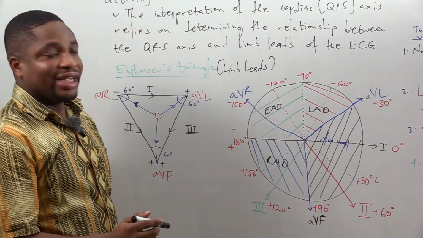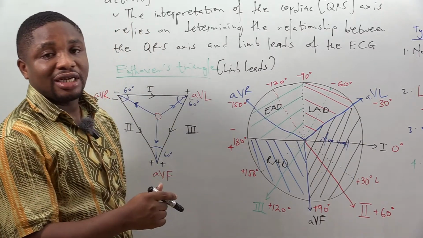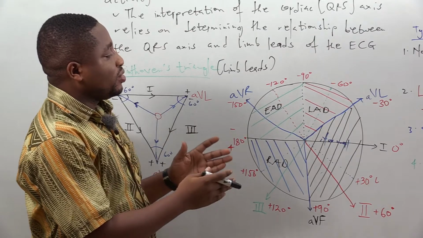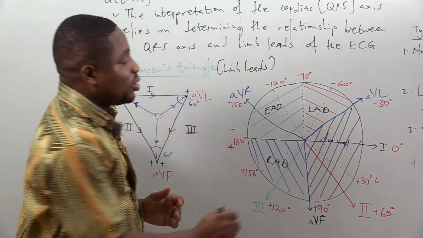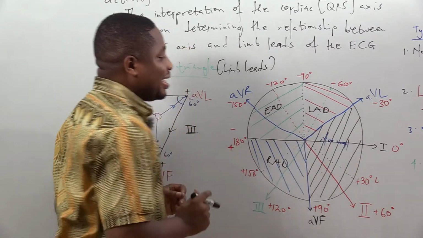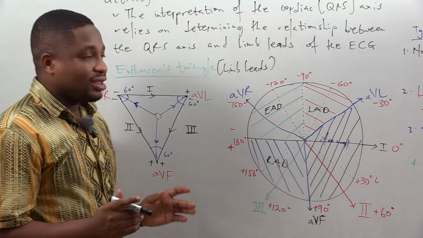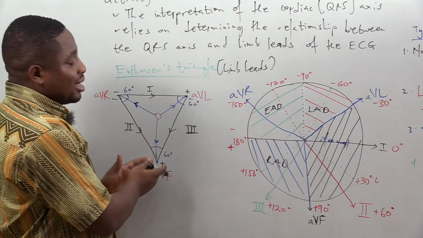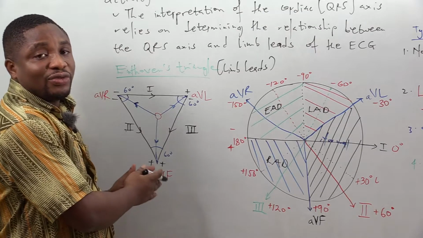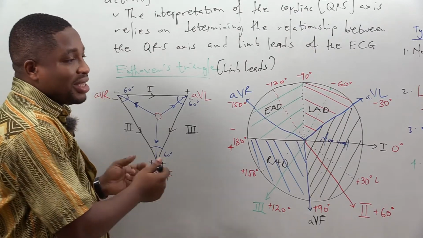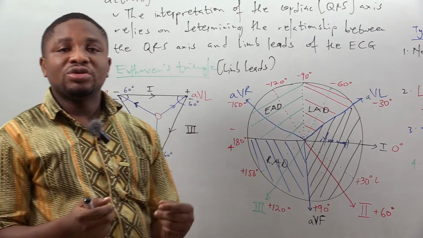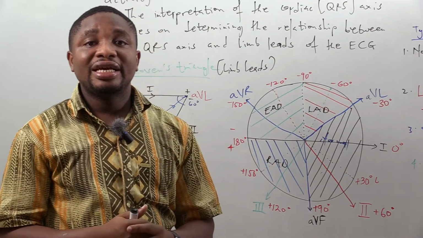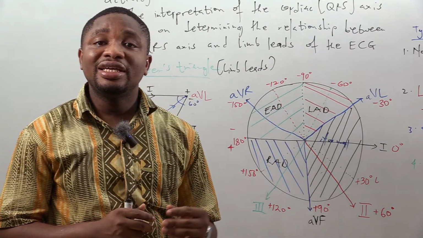If you are drawing a circle and trying to move with respect to the angles, then you start from 0. And we know that the AVF, augmented voltage foot, is going to be positively charged.